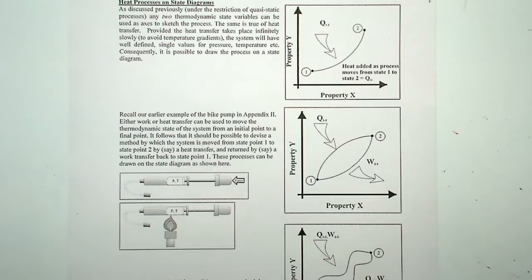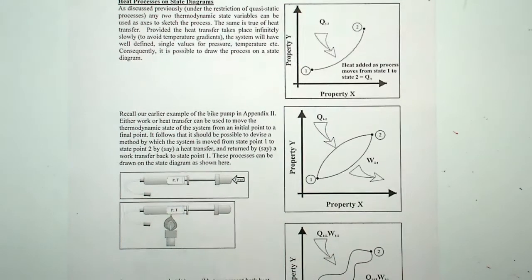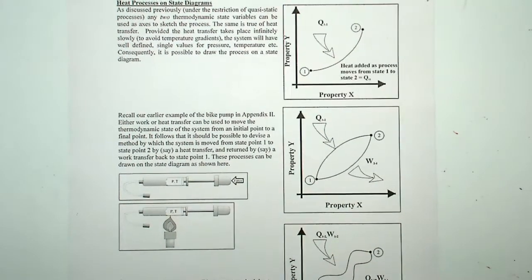Something important is that it's not only the case that you either have work or heat in this diagram. Actually, it's more common to have a combination of work and heat in the process. And this figure represents that. You've got this piston and cylinder.